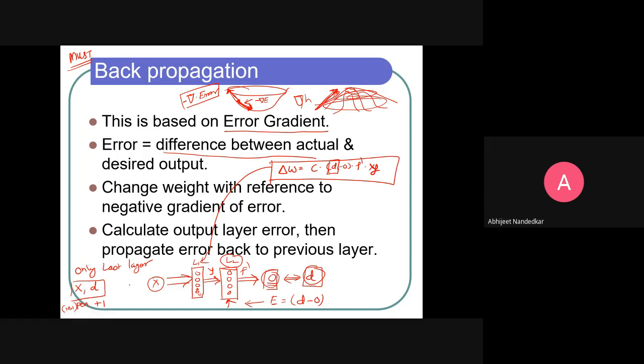So this is available. But if I am using a 2-layer network, then what the output should be for the second layer is not available. If you have many layers like this, say L1, L2, L3, L4 and so on, in the case of a deep network, you have this situation. You have input here, desired response here and output here.